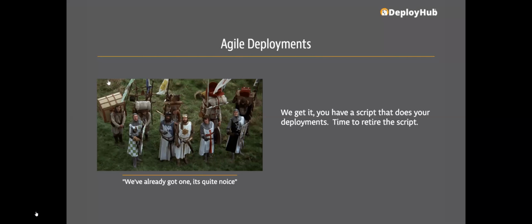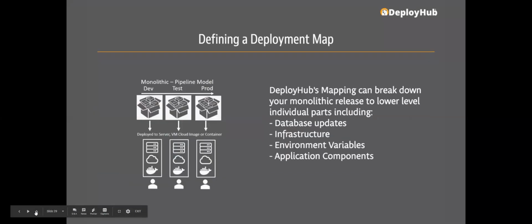And we hear this a lot: I've got one that's quite nice. But there are reasons why you want to move away from the monolithic. If you really want to start managing an agile heartbeat, where you're only updating the changes and you're not updating everything every time, this is a habit you will want to learn now because it's going to apply to microservices.